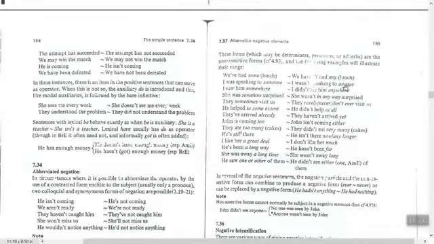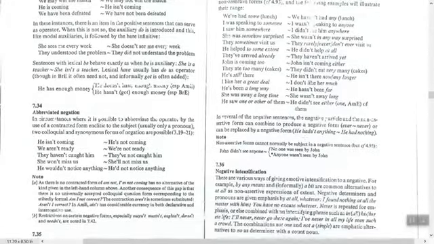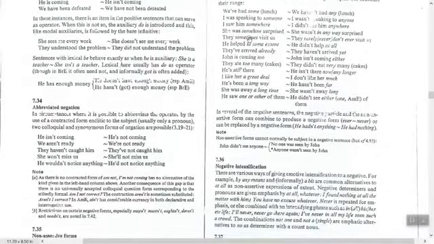I wasn't speaking to anyone: non-assertive. I saw him somewhere. I didn't see him anywhere. You have to use assertive forms with positive or affirmative sentences, but non-assertive forms with negative, question, conditional, etc. You have to read these sentences.